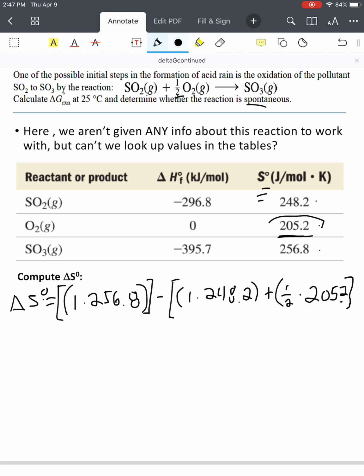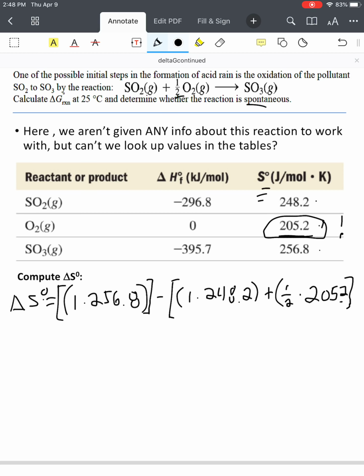Notice that that is not 0 for the element, and that's because the only possible item or material that has a 0 standard molar entropy, as per the third law of thermodynamics, is a perfectly ordered crystal at absolute 0. So we're not going to be able to achieve that here. Oxygen has a much higher entropy or disorder than that, so it has a non-zero number, right?